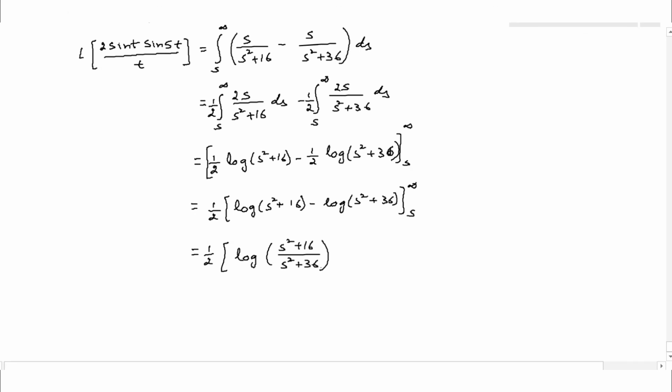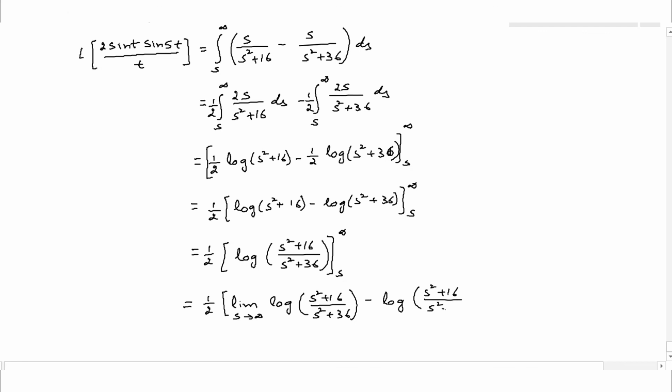Limit values is s to infinity over here. So half I'll take common outside. The first term is limit as s tends to infinity, upper limit value. So you have got log of s square plus 16 divided by s square plus 36 minus the lower limit value for s will be s itself. So that term will remain as it is, s square plus 16 divided by s square plus 36.